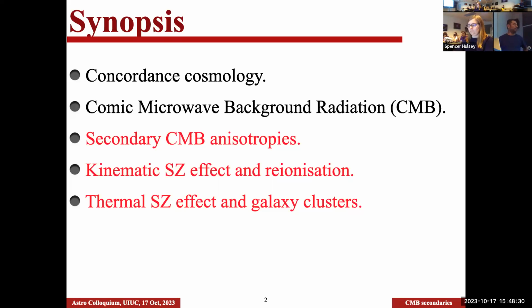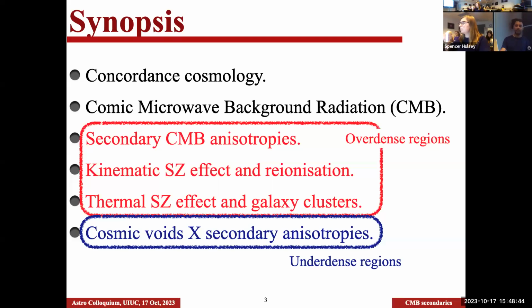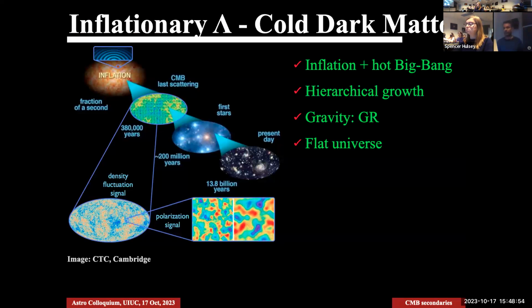Then I will discuss the kinematic SZ and the thermal SZ, and how we can constrain the physics of reionization and cosmology using these signals. Most of these come from overdensities in the universe, and if I have time at the end, I will also briefly show a few things that I've been doing when we cross-correlate the CMB with underdense regions in the universe.